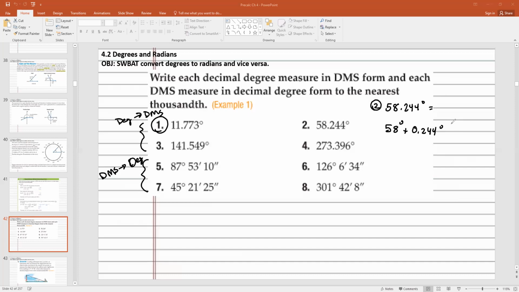And we're going to multiply that by 60 minutes over 1 degree. So 1 degree is equivalent to 60 minutes, okay?